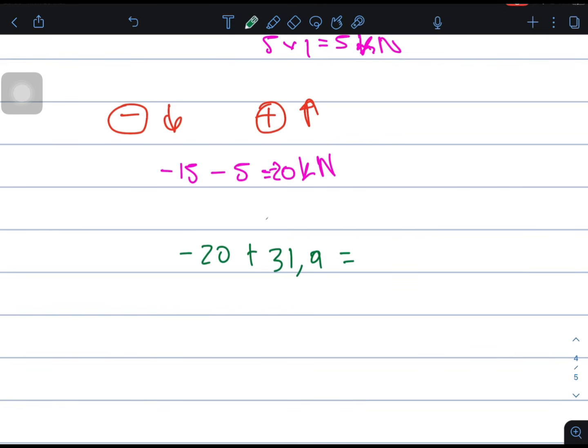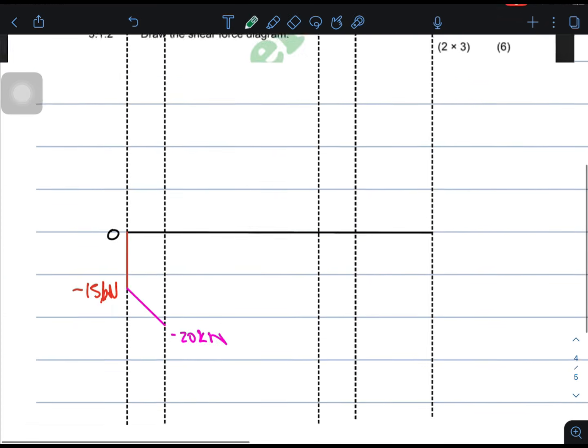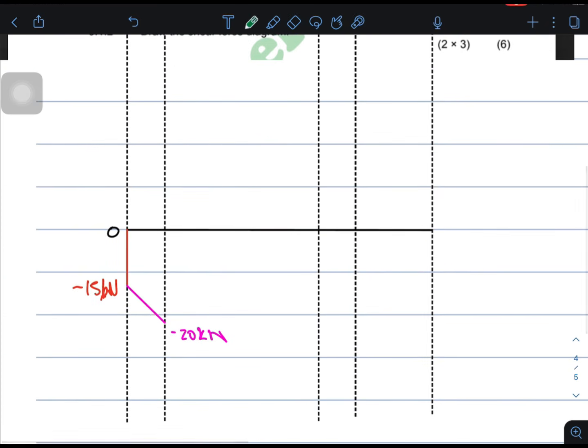Negative 20 plus 31.9 is going to be 11.9 kilonewtons. It's going to be positive. That means this line must jump over that reference line, which is 0 now.